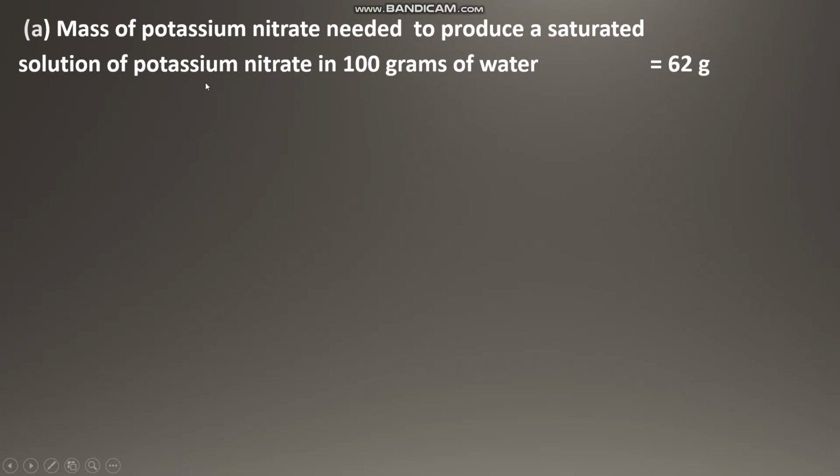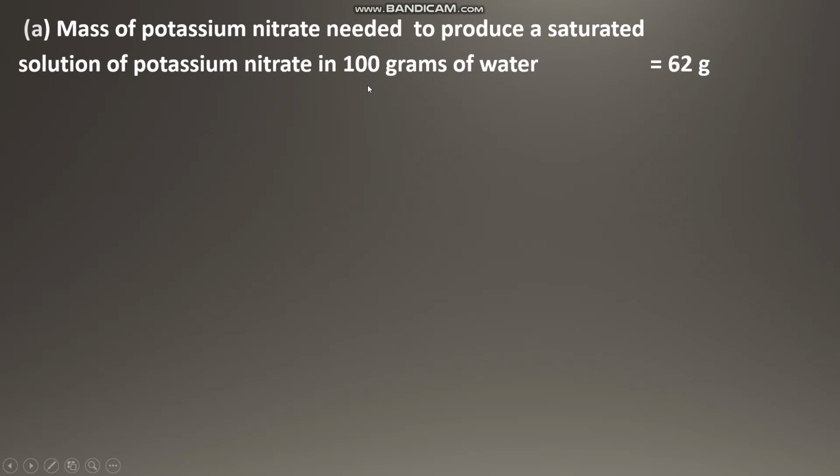So let us see how to calculate this. The given data is mass of potassium nitrate needed to produce a saturated solution of potassium nitrate in 100 grams of water. According to the table, it is 62 gram. So here we have to calculate mass of potassium nitrate needed to produce a saturated solution in 50 grams of water. How to calculate?